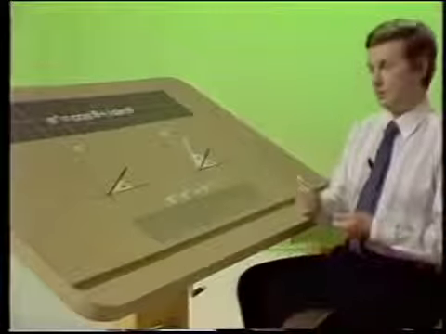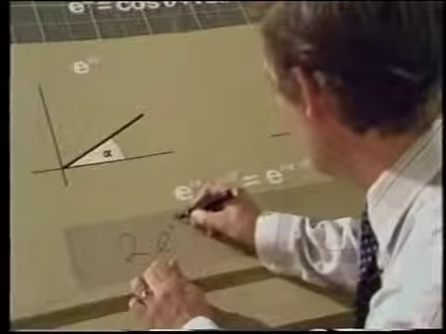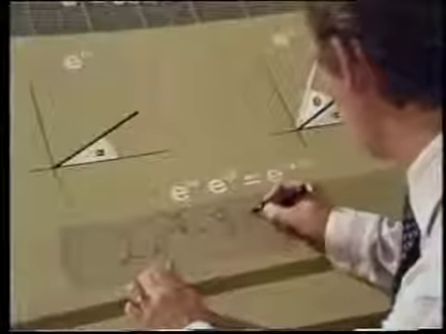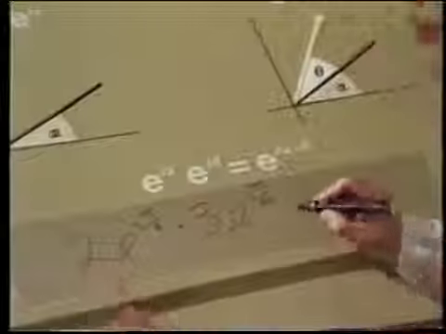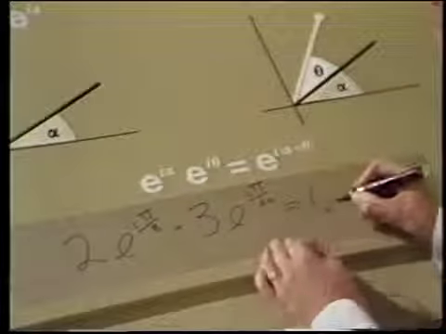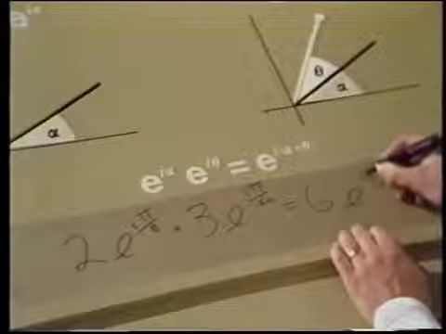So, how would you solve this problem? Well, 2 times 3, that's 6. And to multiply the exponentials, we just add the powers.